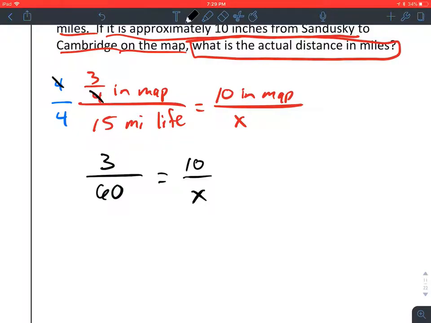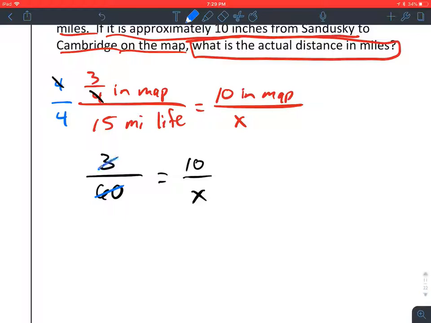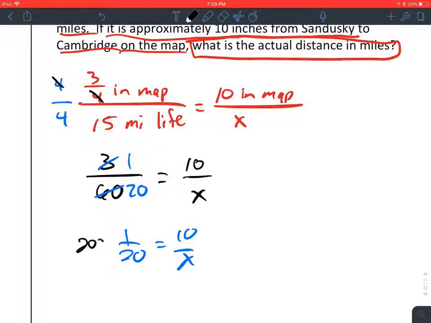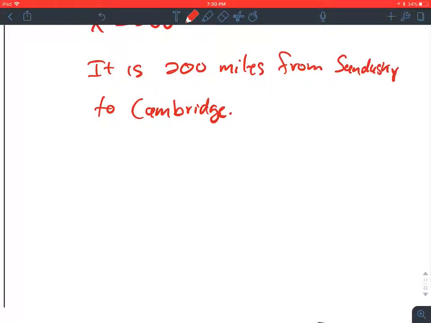Now I'm trying to get x by itself. Before I do that, I can cancel some more. I can divide both 60 and 3 by 3 and get 1/20th. Now if I multiply both sides by 20 and x, to get rid of my fractions, on the left the 20s cancel, on the right the x's cancel. So I end up getting x equals 200. What is the actual distance in miles? It is 200 miles from Sandusky to Cambridge.